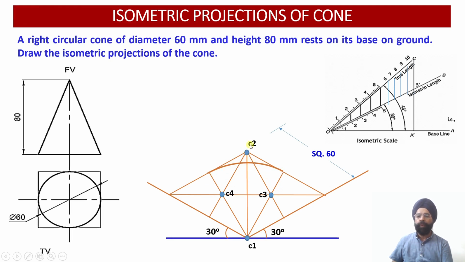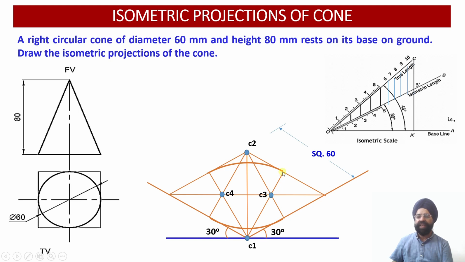Similarly, from the point C2, again I will be opening my compass this much or equal to this distance, right? And then I will be drawing the second arc using this compass with C2 as the center. Now the third arc will be drawn through point C3. So from C3, I will be opening my compass equal to this distance or equal to this distance.